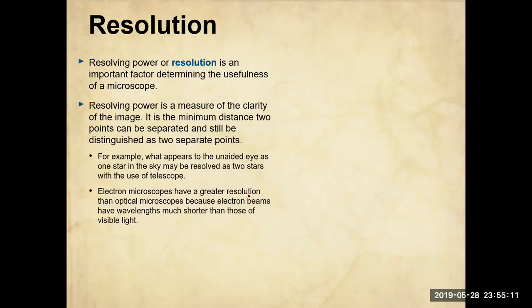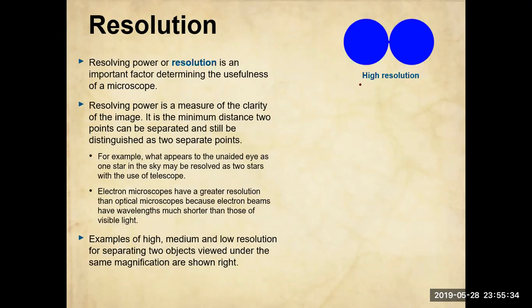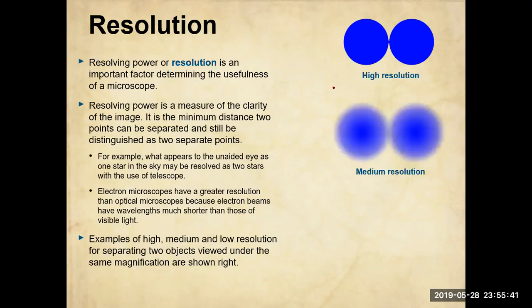Electron microscopes have a greater resolution than optical microscopes because electron beams have wavelengths much shorter than those of visible light. Examples of high, medium, and low resolution for separating two objects viewed under the same magnification are shown here. This is the higher resolution, complete and very clear. This is a medium resolution, and here is a low resolution.